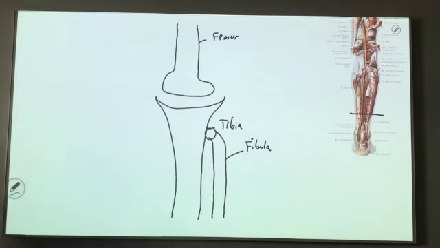So what we're going to see is the popliteal artery exit through the adductor hiatus, and it's going to give off several branches. These branches literally are named for where they are in the knee.